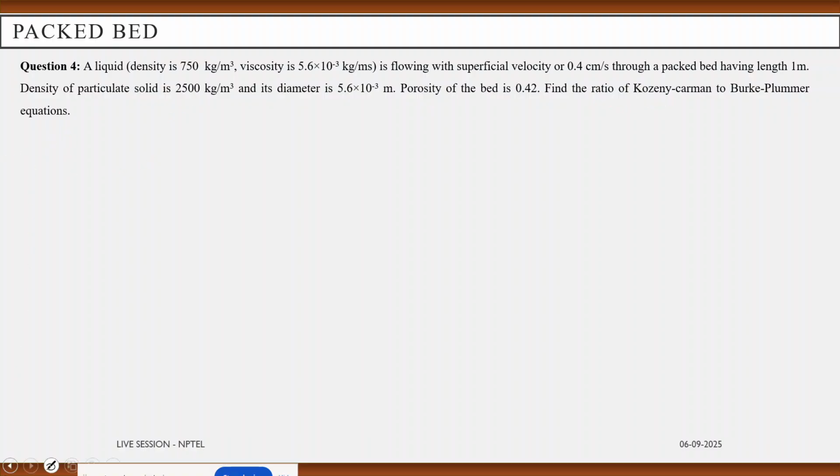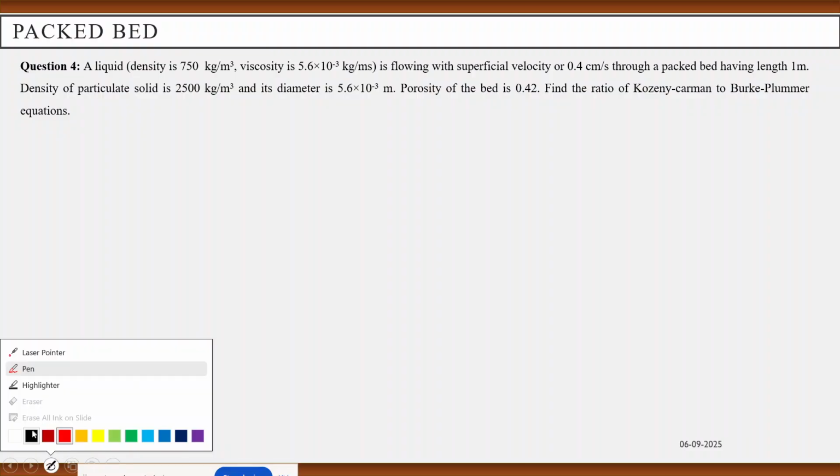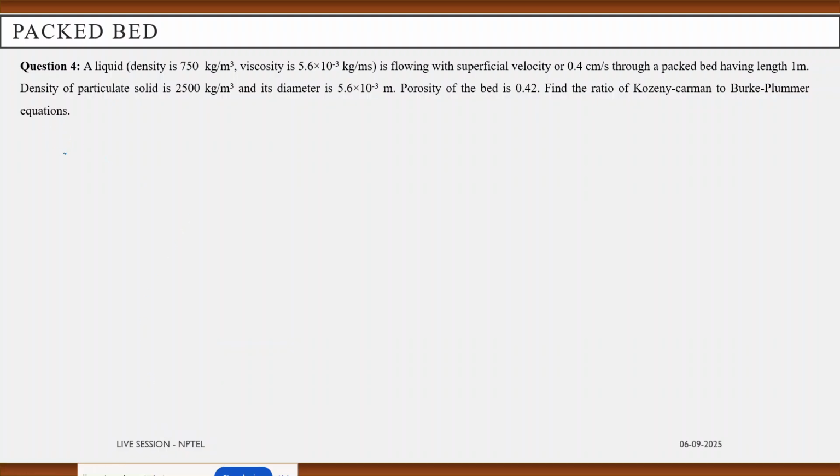So I hope you have the equations, the Kozeny-Kármán equation and the Burke-Plummer equation. You have to just write down the equation and simplify it in the form of the ratio.